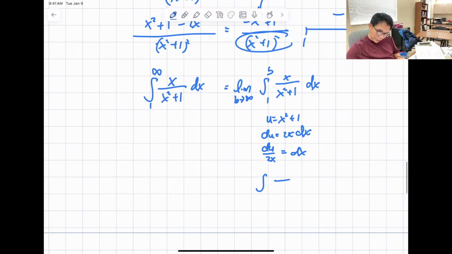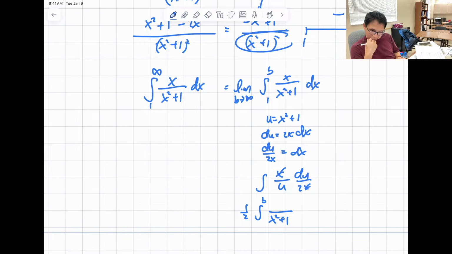So that's going to be u and x and then du over 2x. So the x cancels out. And then it is one half natural log of x squared plus 1, right?